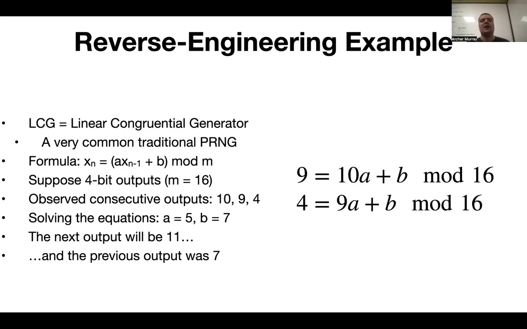You can now plug in A equals 5 in either of these equations and figure out that B equals 7. So with that, we now have the parameters of this linear congruential generator, and we can use those to figure out that the output it made before 10 was 7, and after 4, its next output will be 11. And we can keep going like this, figuring out what all of its outputs are going to be.